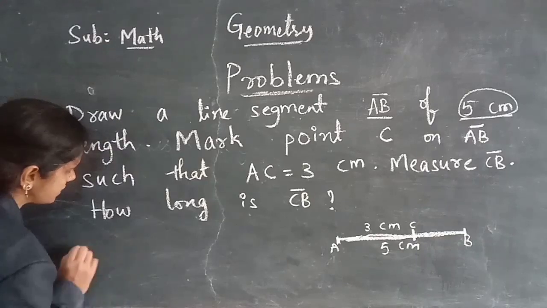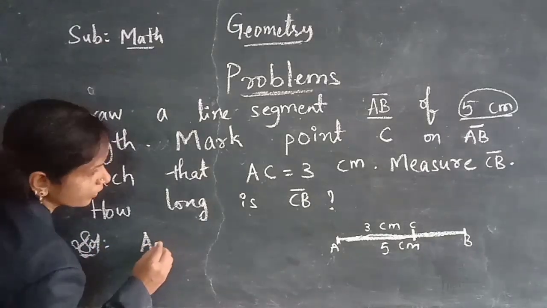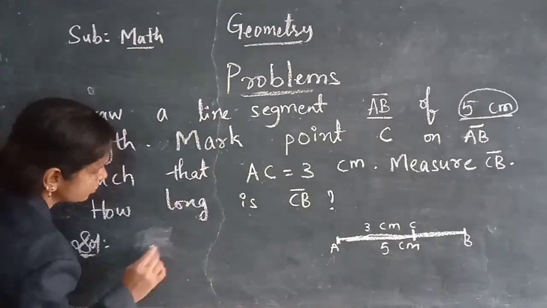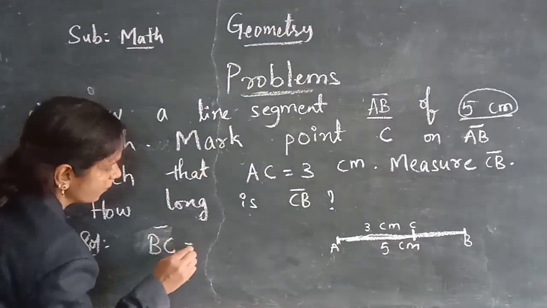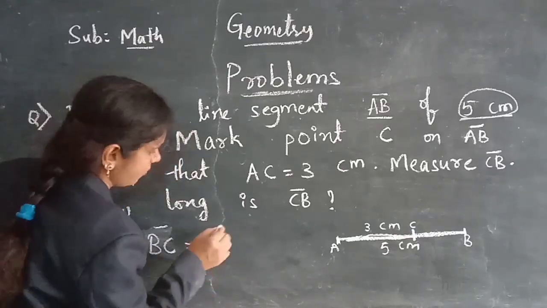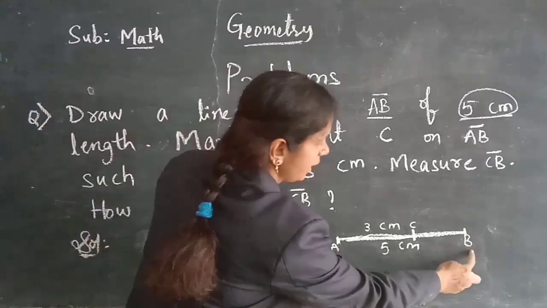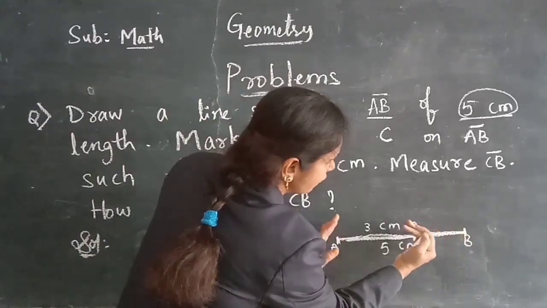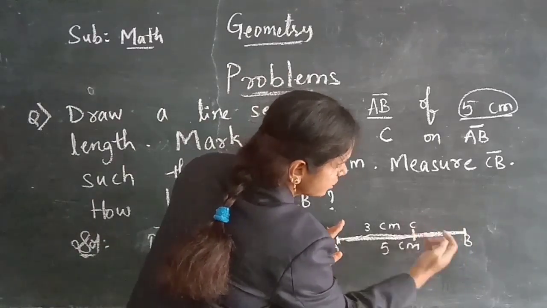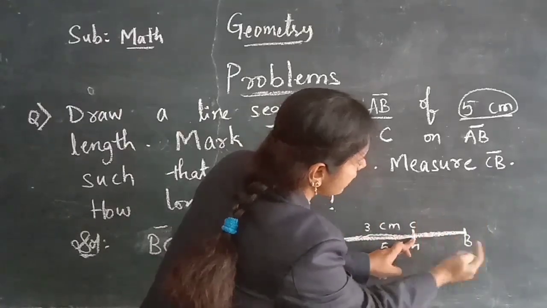So BC is equal to AB minus AC. From the total, if I deduct this, you can find the length of CB.